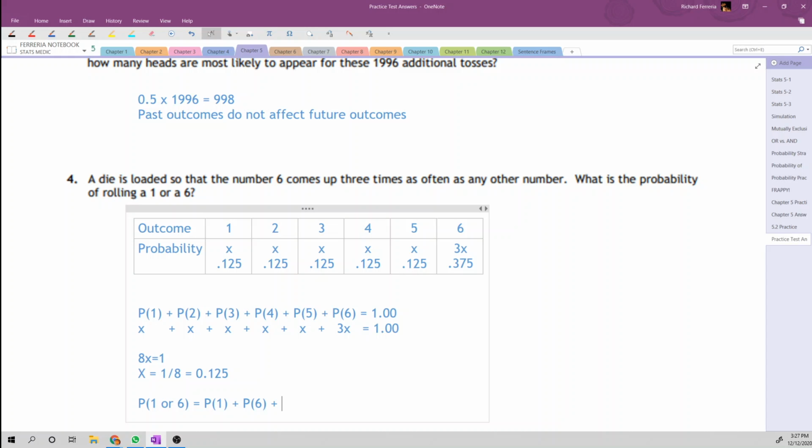So the probability of a 1 is 0.125, the probability of a 6 is 0.375, and that gives me a probability of 0.5.